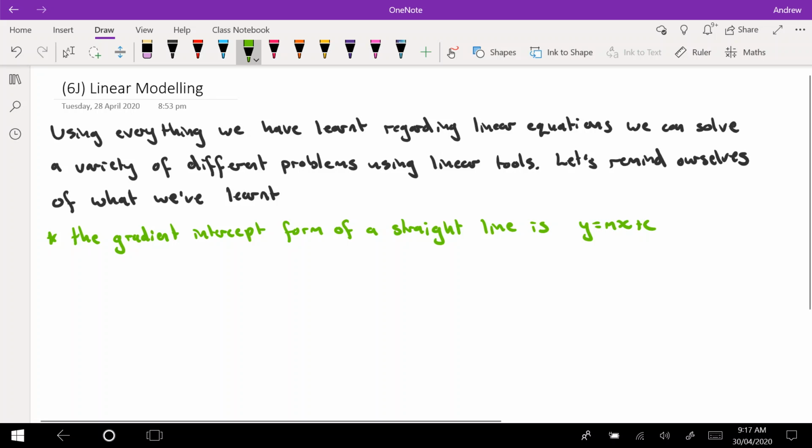Probably touched on this last term that all lines are usually written in this form, mx plus c, m being the gradient of the line, and c being the y-intercept of the line.